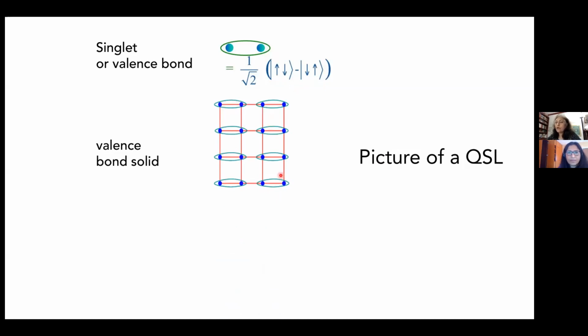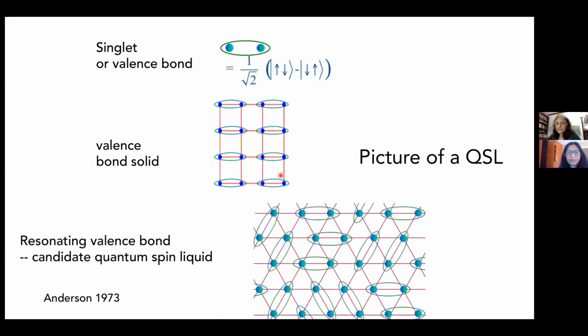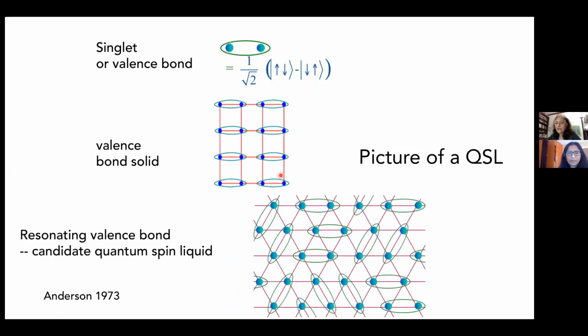This we would not call a spin liquid, because the word liquid means it should not break any symmetries. And that's what you see here. This is a picture of a resonating valence bond spin liquid. What I should actually be doing is adding many such configurations with all possible pairings. And that coherent superposition really forms a picture of a spin liquid.